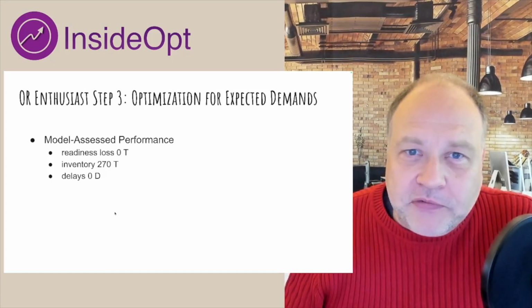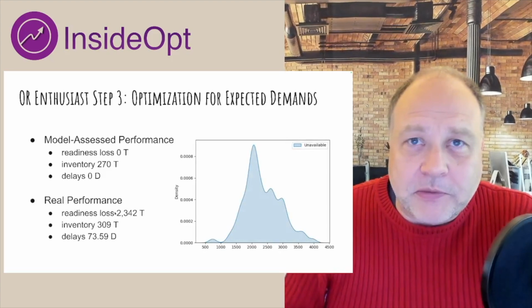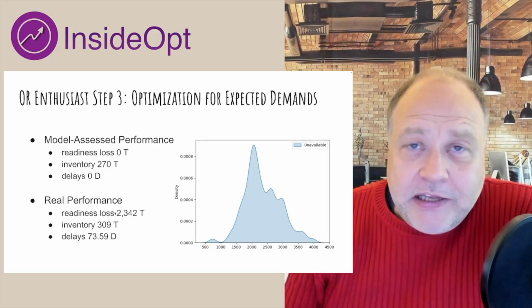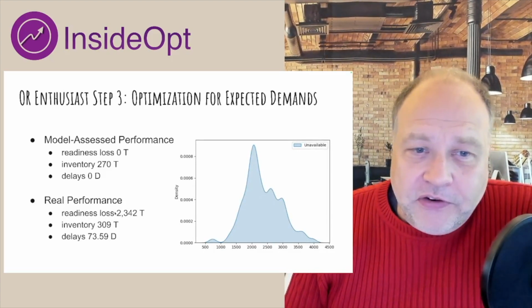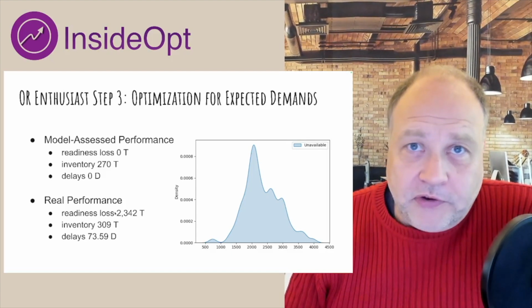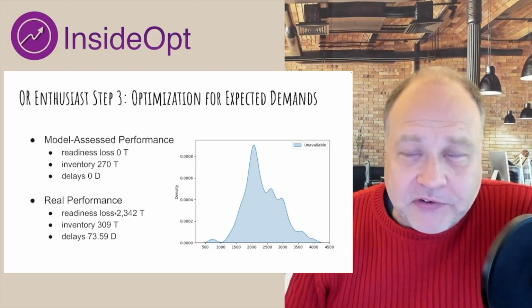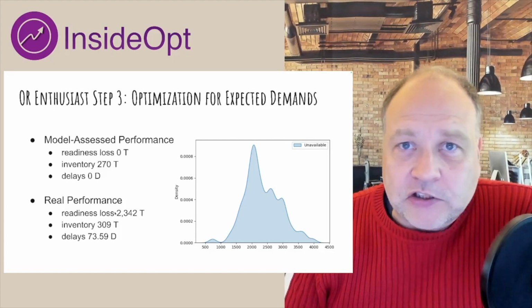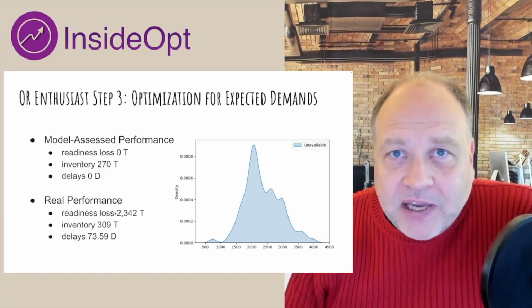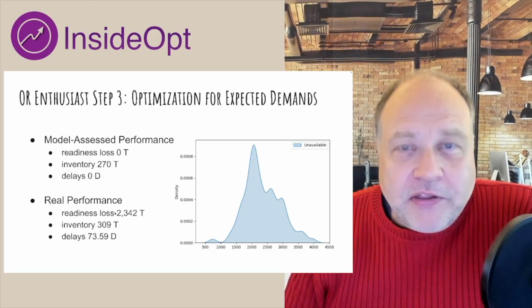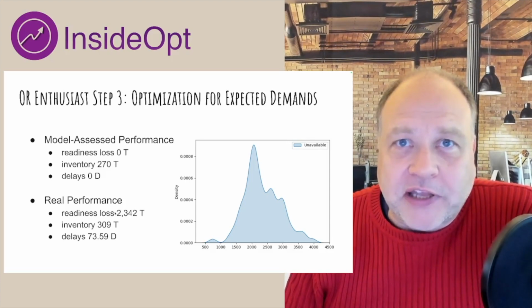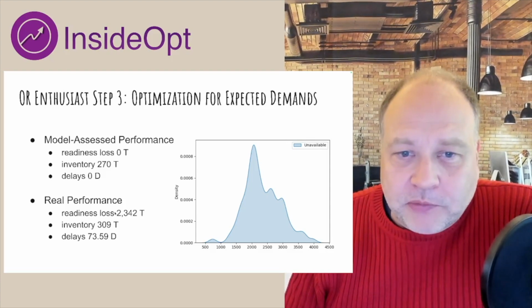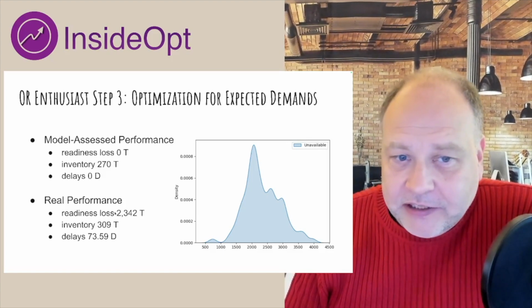Problem is, if you start simulating the solution that comes out of this deterministic optimization, it looks very different. The real loss, the time value loss of the assets that are unnecessarily delayed is actually 2.3 million. And that is not acceptable for an aircraft repair shop. That you're bringing in your assets this late.